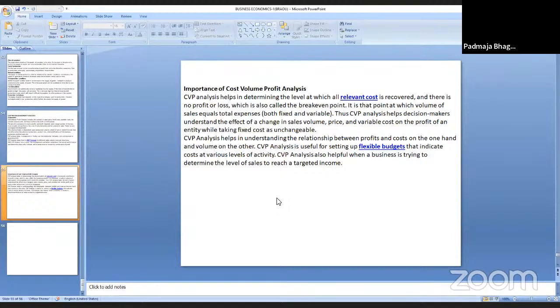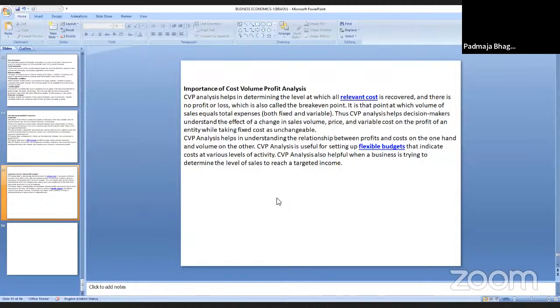Here, CVP analysis helps in determining the level at which all relevant cost is recovered. Relevant means what? Whatever the cost is relevant, from last year to this year, it should be relevant.